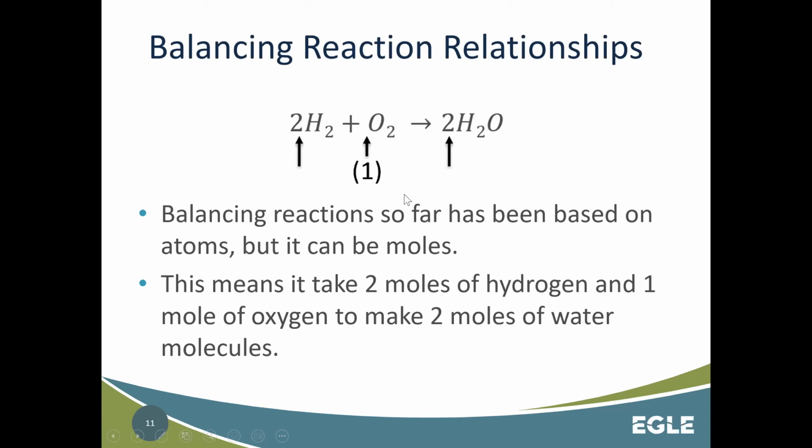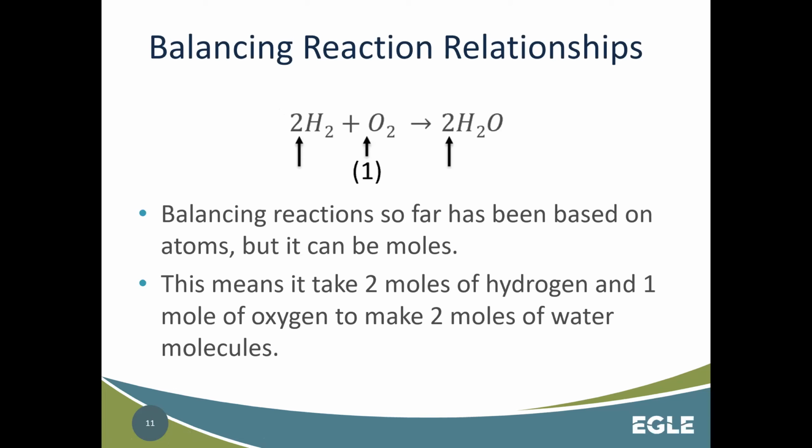Okay, so there's a 2 in front of the hydrogen right here. Does everyone see that? That 2 in front of the hydrogen represents 2 moles of hydrogen. You know that big number we already talked about means you have 2 of those giant numbers. You need 2 moles of hydrogen with 1 mole of oxygen to make 2 moles of water.